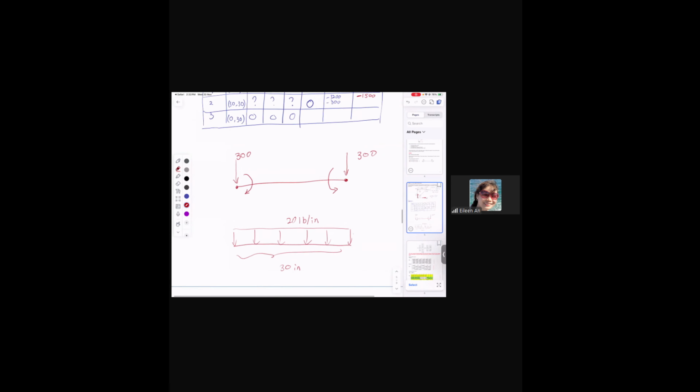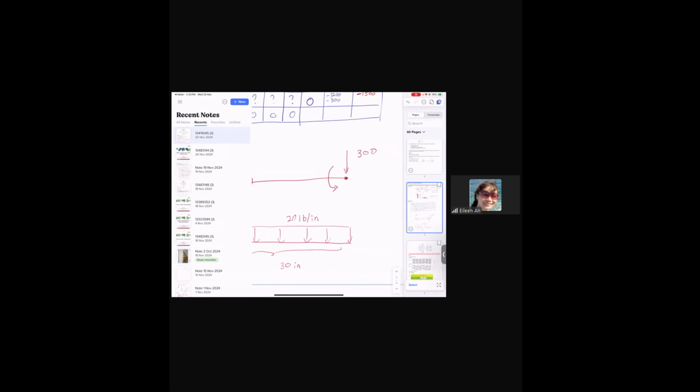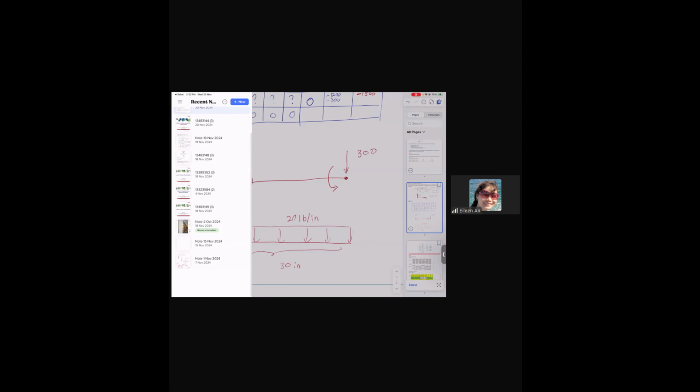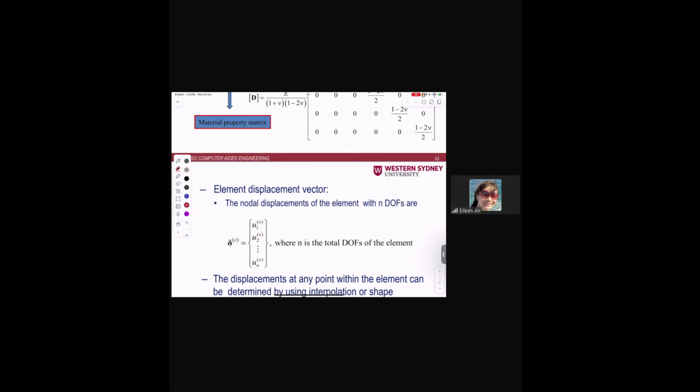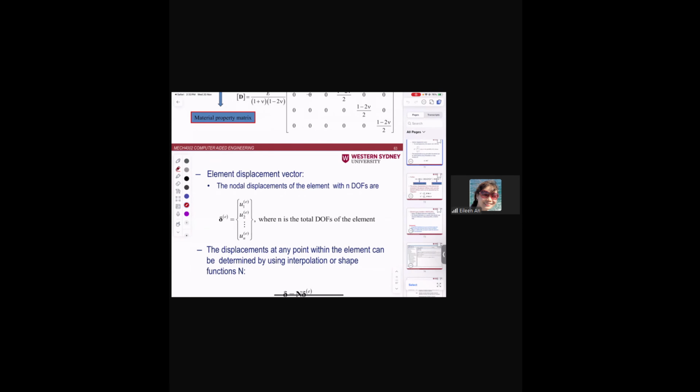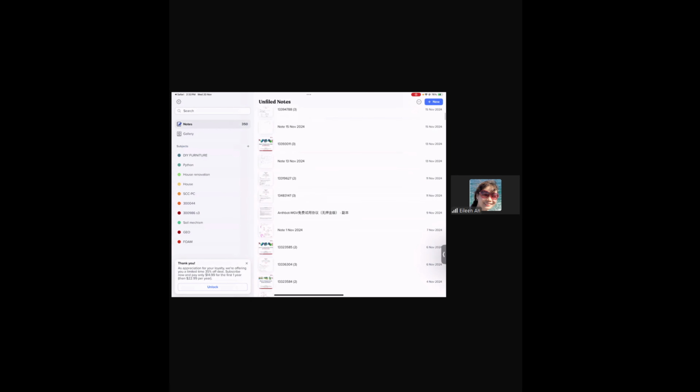Actually, how to convert the distributed force to equivalent node force, we discussed it last week.